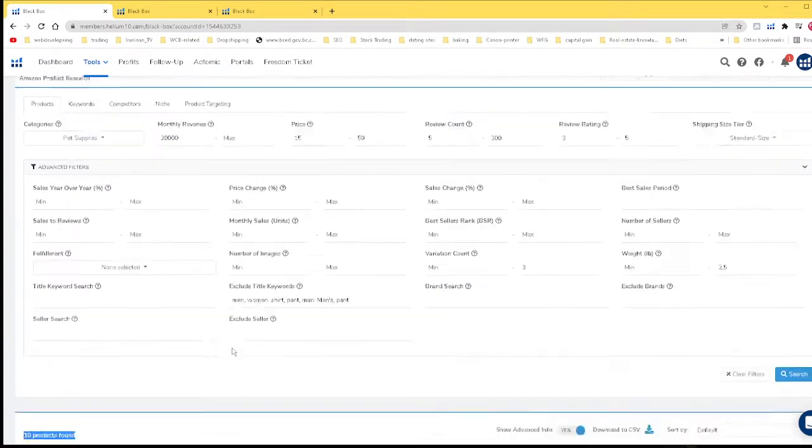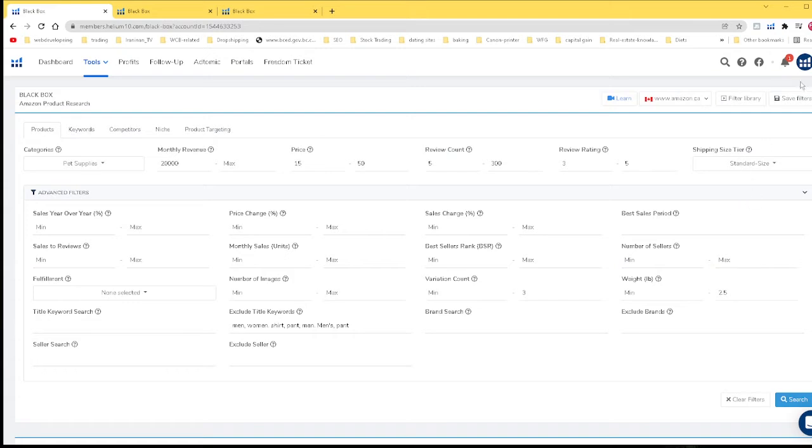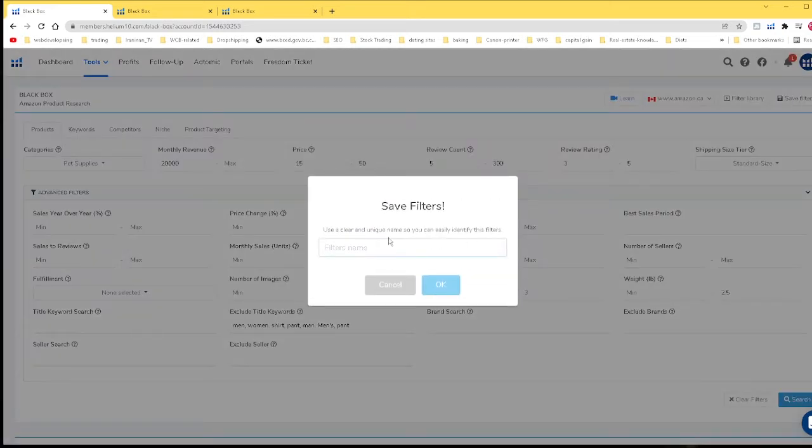So what I'm going to actually show you guys, let's save that filter. I'm going to save a filter, and this is how I'm saving it: $20,000 per month in sales or revenue, with a price of 15 and up.